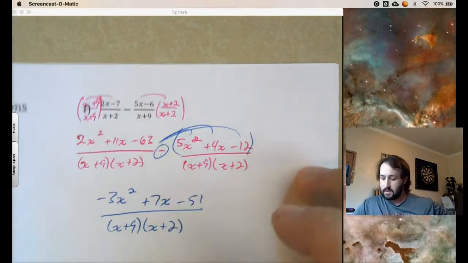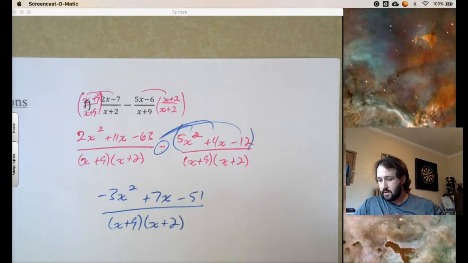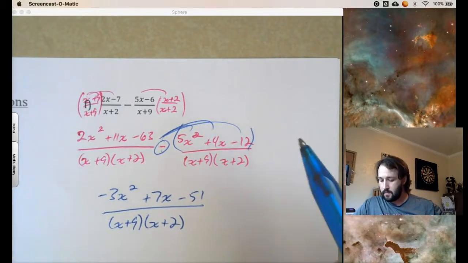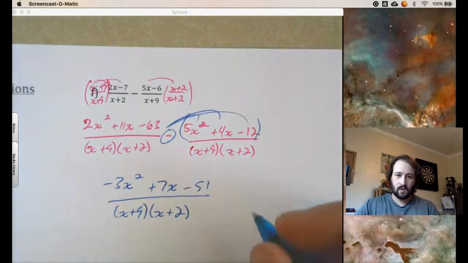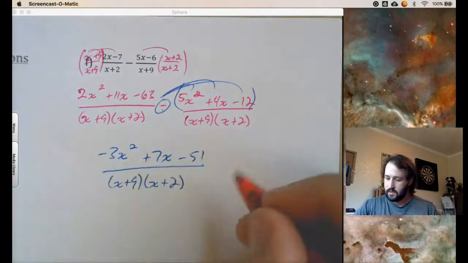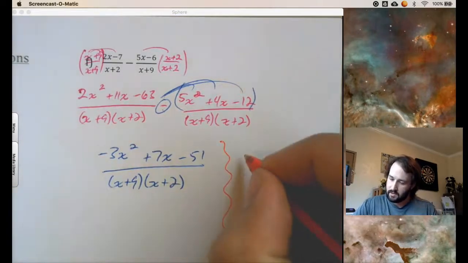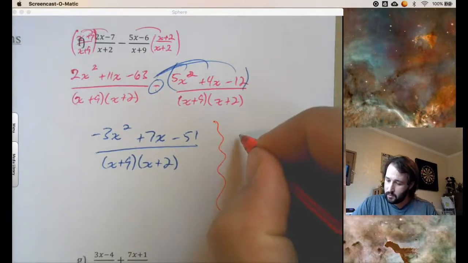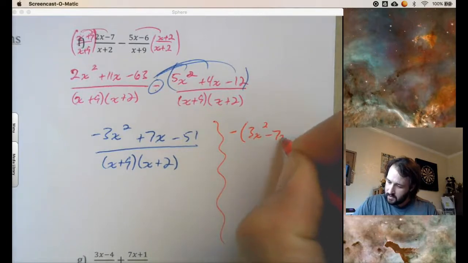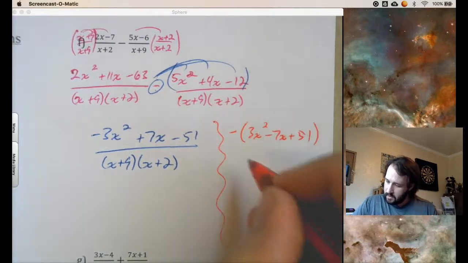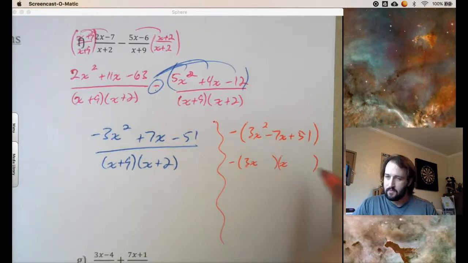All right, let's see, does that factor? Can't take out a 3. 51 is 17 times 3. I'm going to try something real quick. So this is just scratch work. I'm going to try to factor out that negative 3x squared plus 7x minus 51. So if I factor out the negative, that becomes 3x squared minus 7x plus 51. So now that would have to be 3x and x. So 51 is only 51 times 1, or 17 times 3.